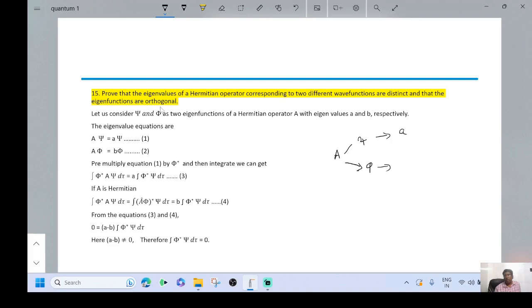When A operates on phi, it provides the eigenvalue b. a minus b is not equal to 0, which means a is not equal to b. a and b are different. And we have to prove psi and phi are mutually orthogonal.